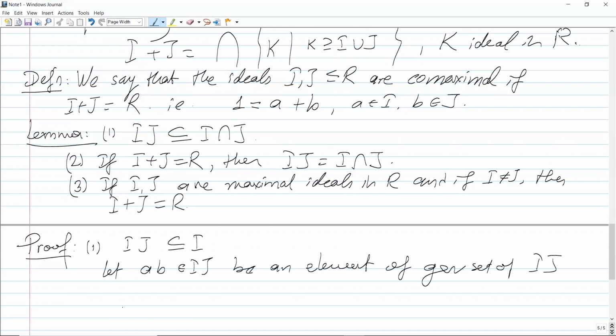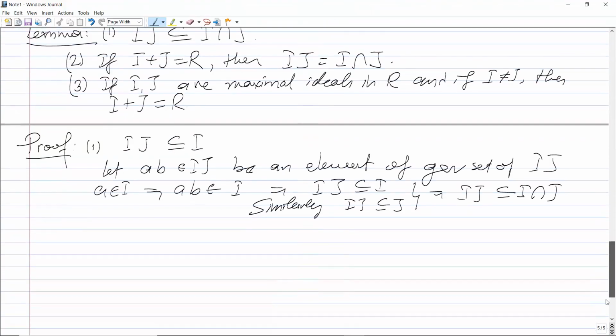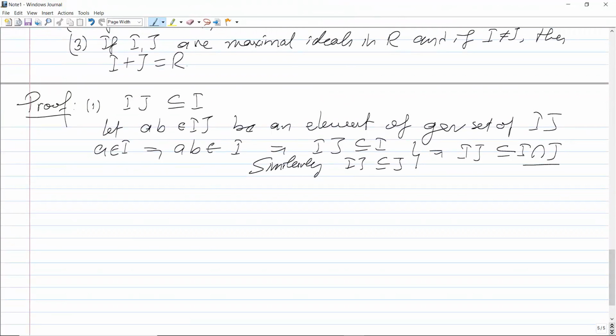Since A is in I and I is an ideal, A times B is in I, so therefore I times J is inside I. And similarly, I times J is inside J, so therefore I times J is contained in the intersection of I and J. The intersection of I and J is an ideal, of course.